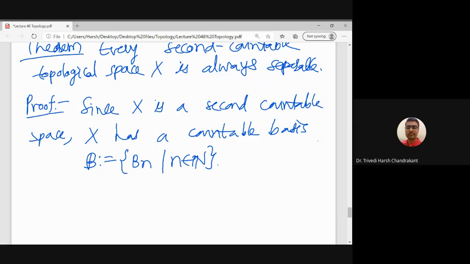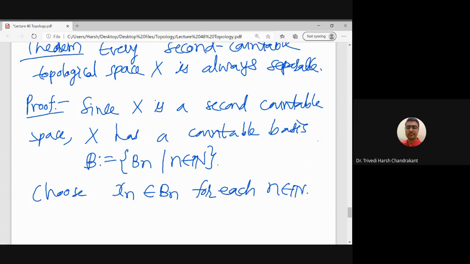So now we need to construct a set which is a dense subset. Since we need a countable subset, and here we have a family with countably many elements, what we will do is choose at least one element from each Bn. Choose xn belonging to Bn for each natural number n.